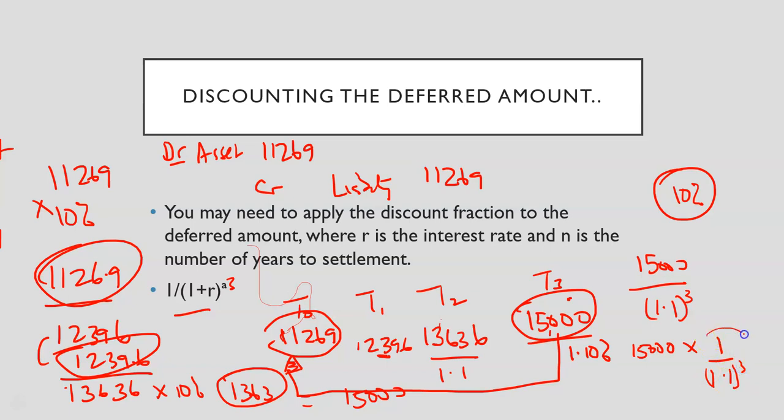So what they sometimes give you in the exam is this figure, 1 divided by 1.1 times 1.1 times 1.1, which is actually 0.75. So sometimes in the exam, you just get told the present value factor over 3 years is 0.75. That's your discount figure, and you multiply that by the 15,000 and you will arrive at the 11269.